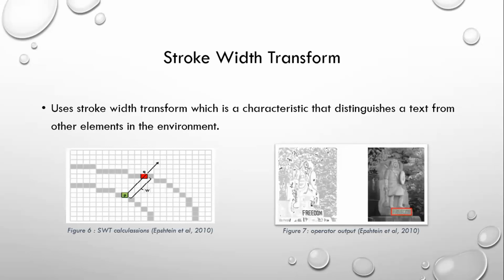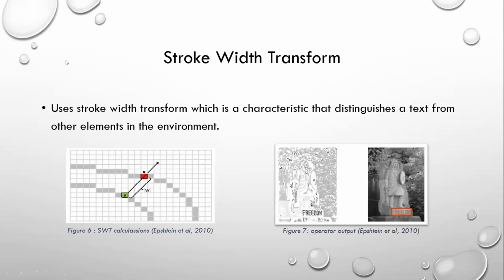One method of text detection is called stroke width transform, which is a characteristic that distinguishes text from other elements in the environment.